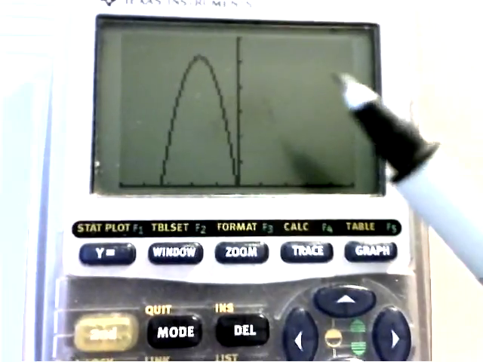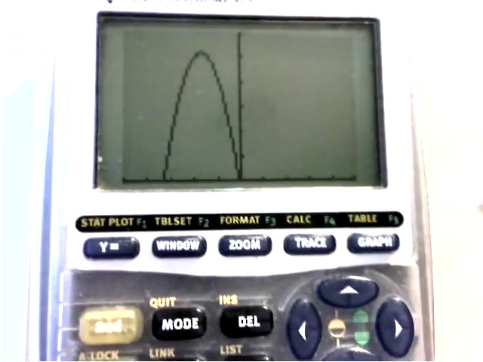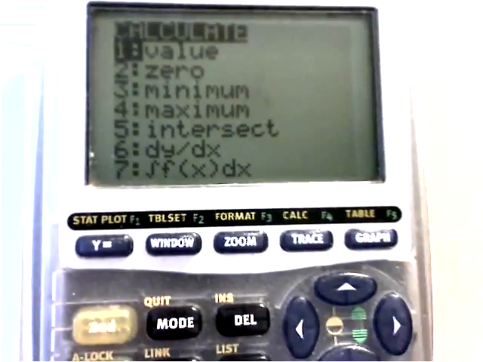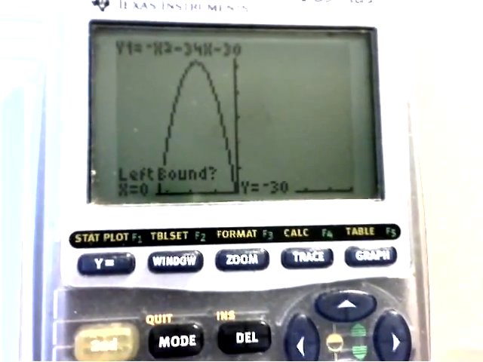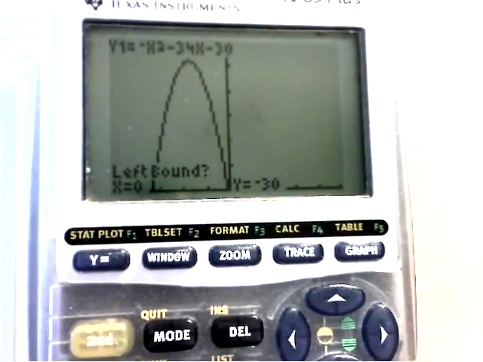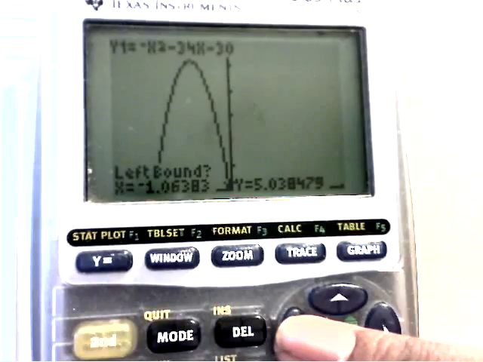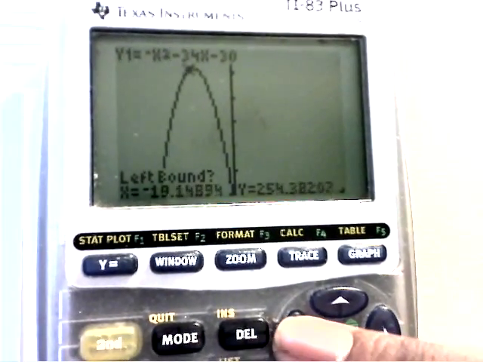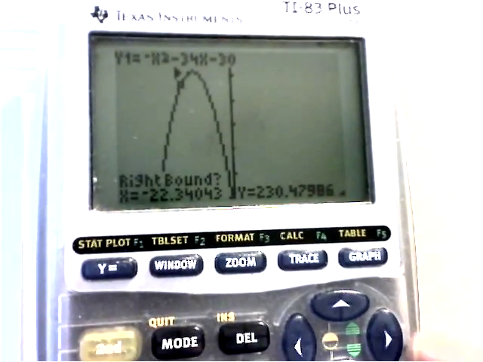Now, that's part of it because I only want the relative maximum, by the way. So here's what I'm going to do here. Press second, and then trace. And then for maximum, press number 4. And then here, your left bound, you want to position the cursor on the left-hand side of the highest point of that graph, like I have here, and then press enter.